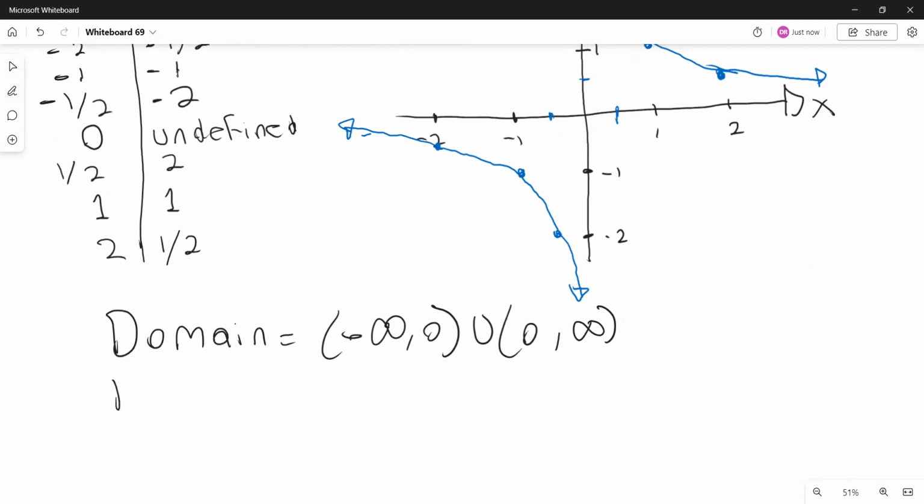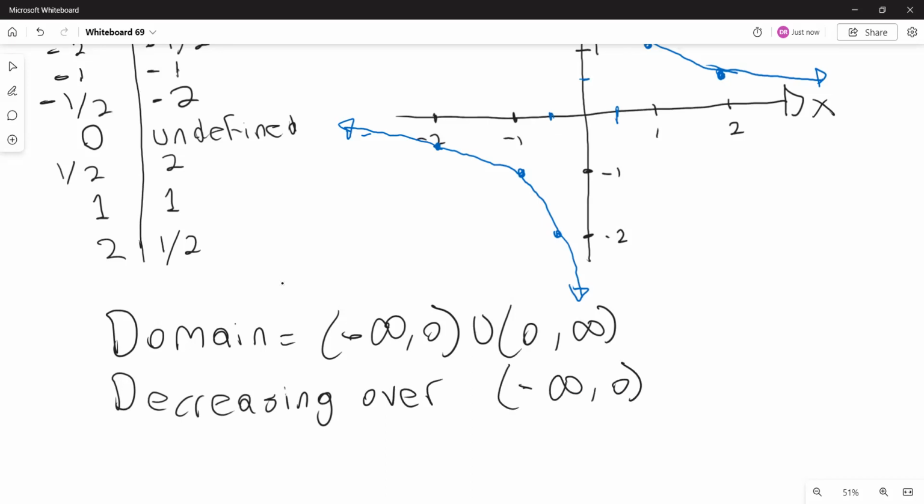This function is decreasing over its entire domain. So we cannot say that it is decreasing for all real numbers, because at 0 it is undefined. If it doesn't exist at 0, we cannot tell anything about the behavior.